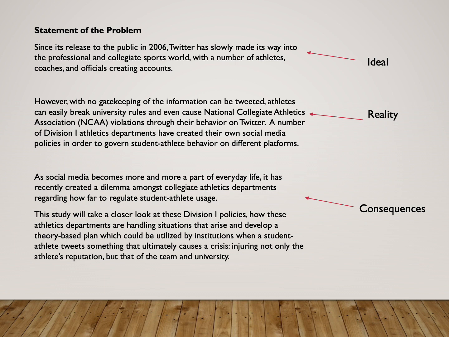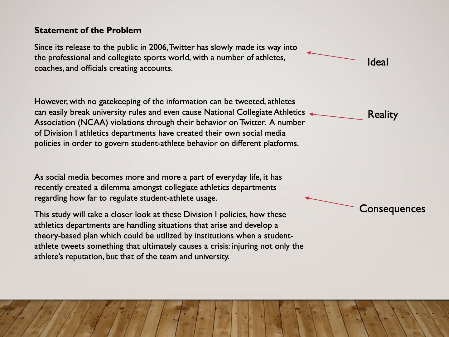So this study will take a closer look at these Division I policies, how the athletic departments are handling situations that arise, and develop a theory-based plan which could be utilized by institutions when a student-athlete tweets something that ultimately causes a crisis. So again, this is one structure, and there's a lot of leeway in what ultimately is included in the ideal, the reality, and the consequences.